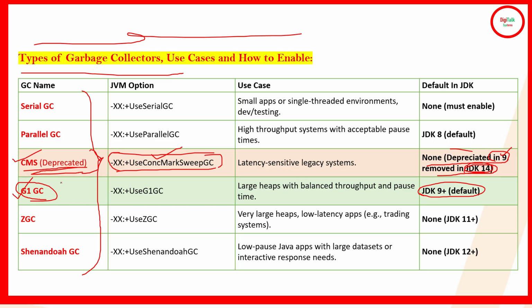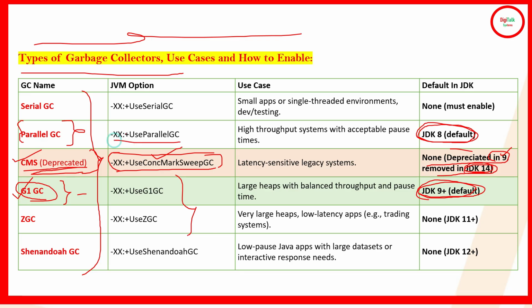After that it was decided that this is the most efficient garbage collection algorithm, and it is enabled from JDK 9 onwards. If you are on JDK 8, then by default the algorithm is parallel GC. Your JVM is running parallel GC if you have not added any custom garbage collection algorithm.